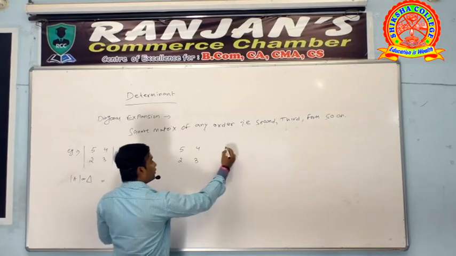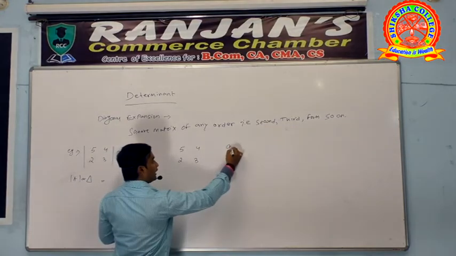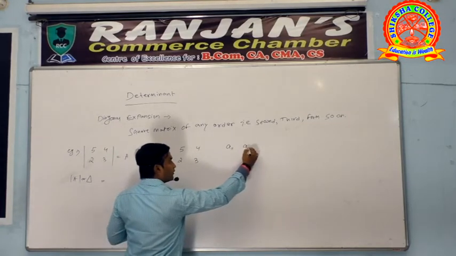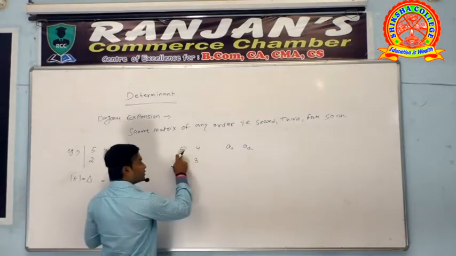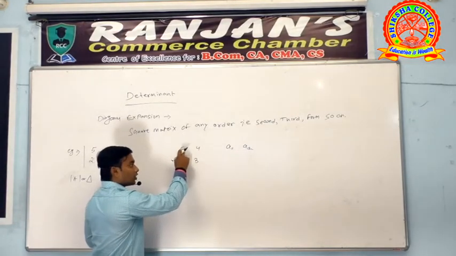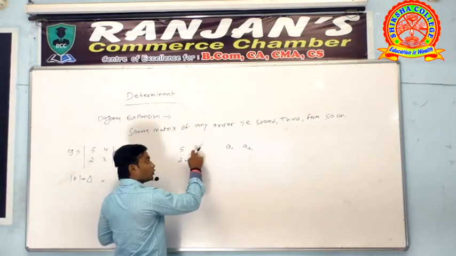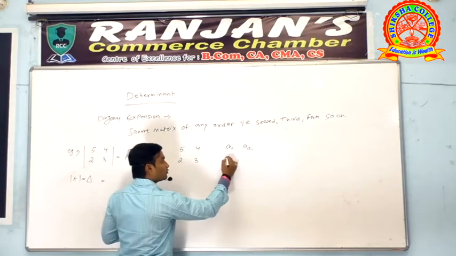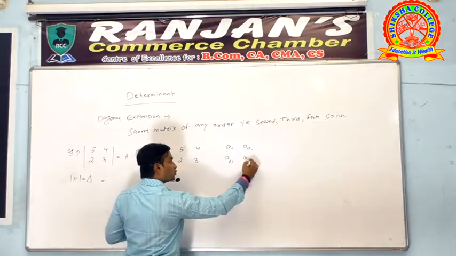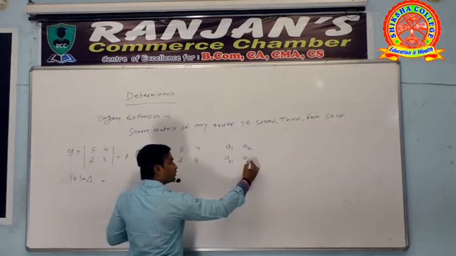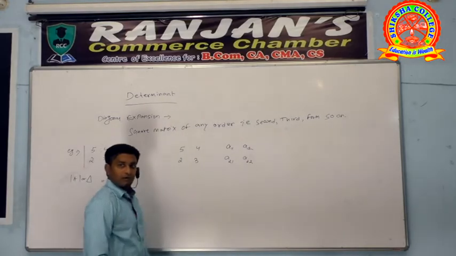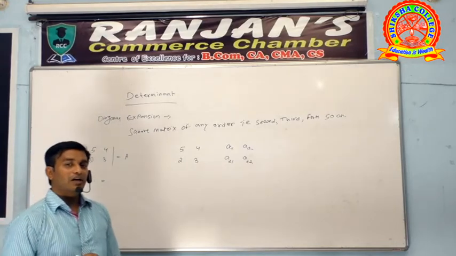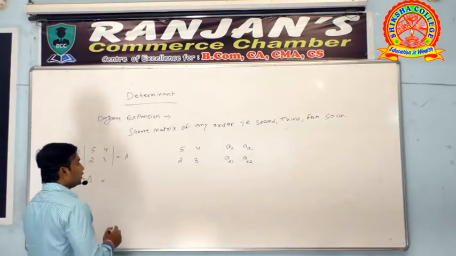The unknown variable of 5 is A11 and of 4 is A12. That is row 1, column 1, A11, row 1, column 2, A12. Similarly, row 2, column 1, and row 2, column 2.